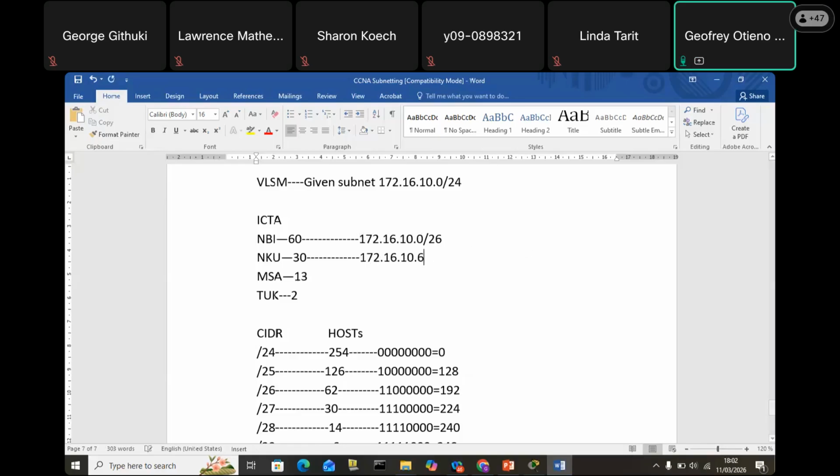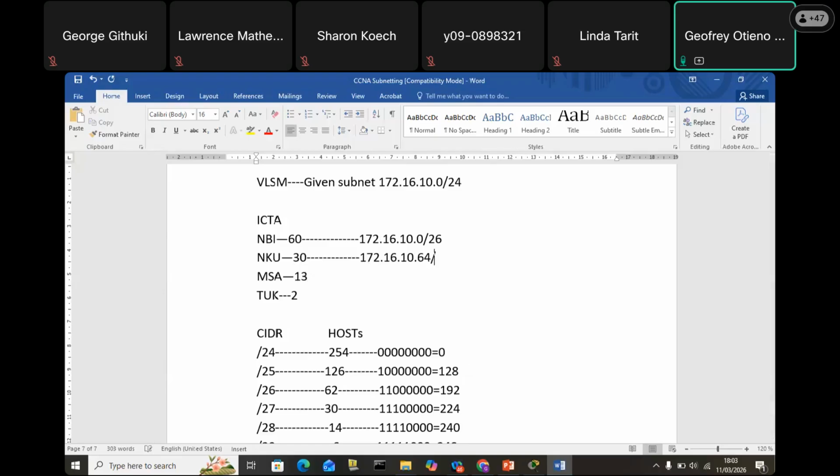You get 64. But now, remember Nakuru needs 30. So which prefix supports 30 here? 27.